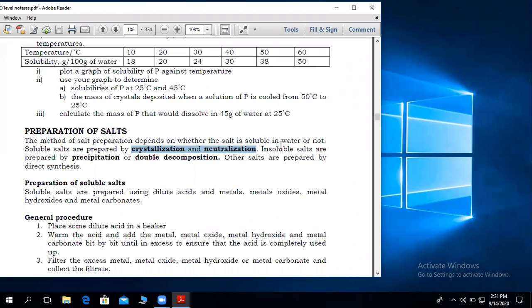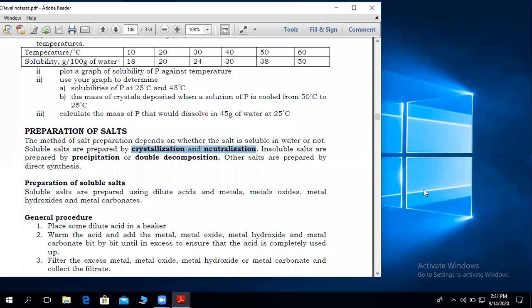So salts which are soluble in water are prepared by crystallization and neutralization. Neutralization is a reaction that involves an acid and a base. The opposite of an acid is a base, and the acids react with bases.